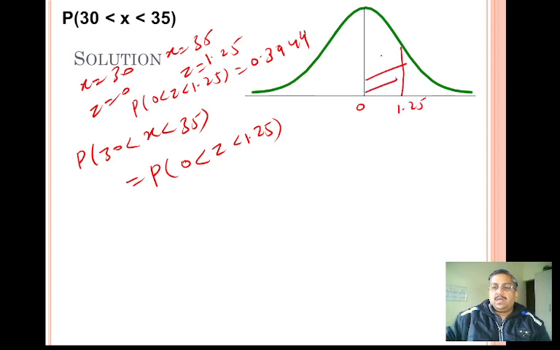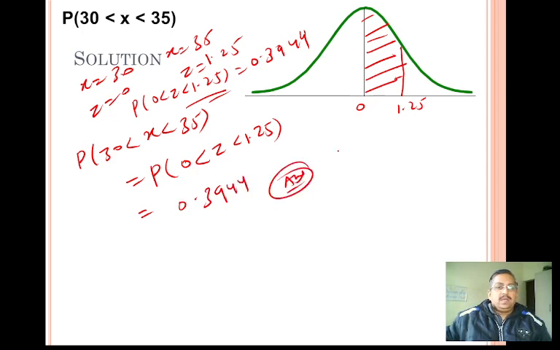So this area is of interest, which we have calculated from the table itself. So you need not add 0.5 or subtract from 0.5 as we did in the previous one, right? So this is 0.3944, and it is the answer, right? Hope you understand this question, right?